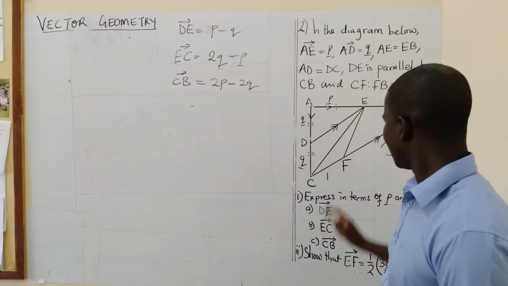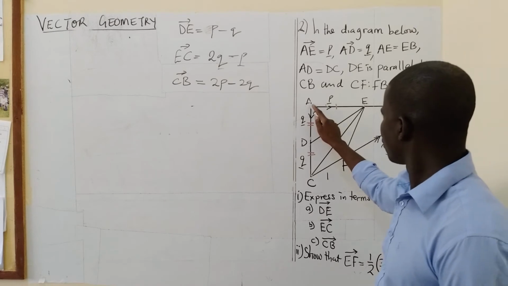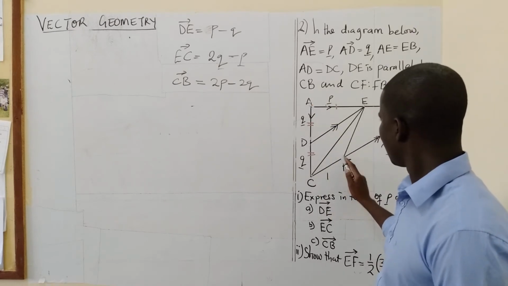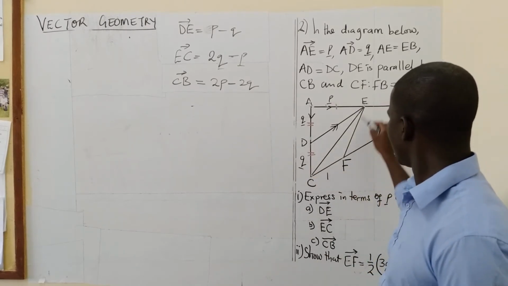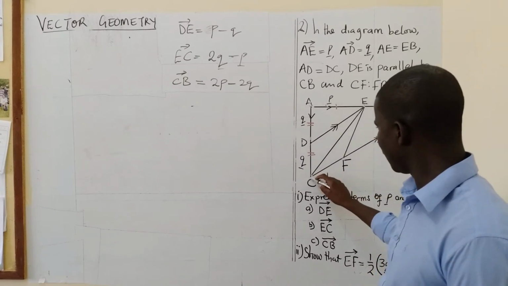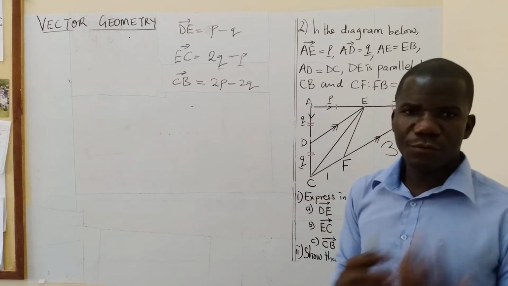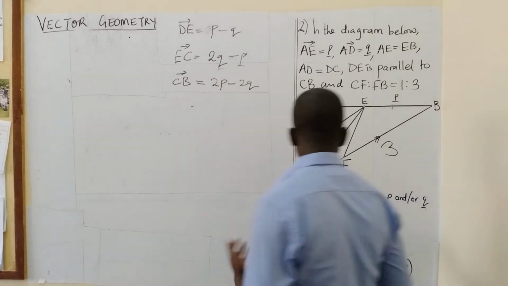The second one is E to A, from A to C, from C to F. We also have the fourth one where we can use this one. The third one is where we say E, C, then C, F. Any of those routes that we take, we'll still get the same answer.